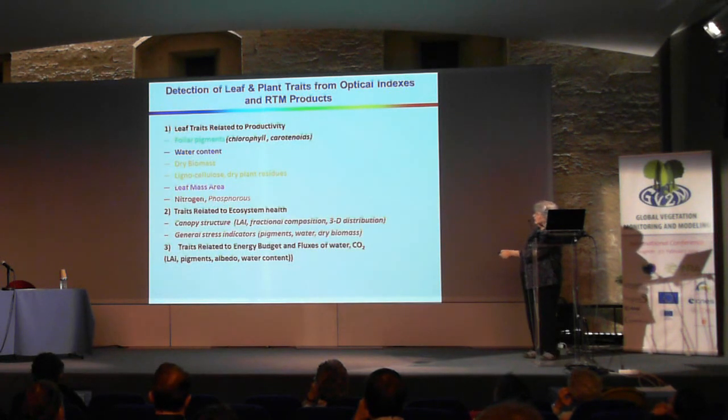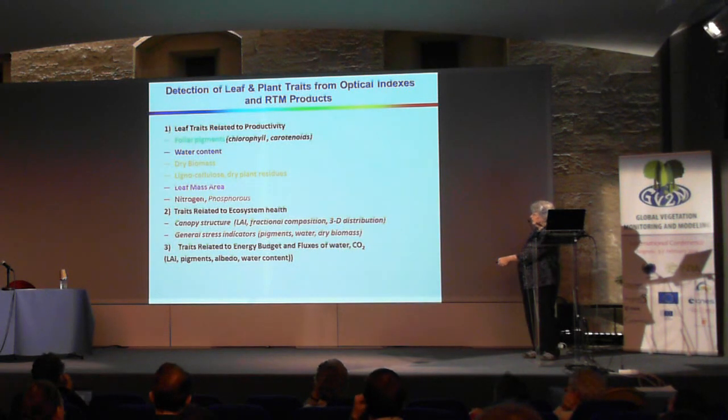I would say there's the list of what we probably can detect. We can deal with foliar pigments, chlorophyll and carotenoids, water content for sure, dry matter, leaf mass area, and nitrogen, perhaps phosphorus. Phosphorus is pretty tightly correlated with nitrogen, so perhaps it's not necessary.